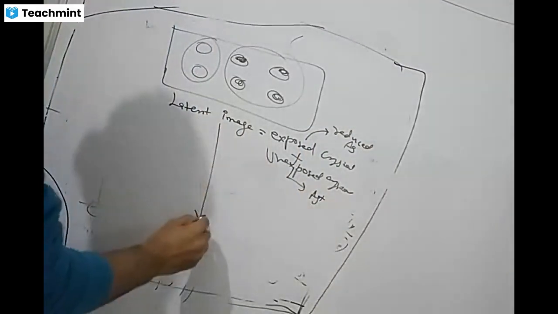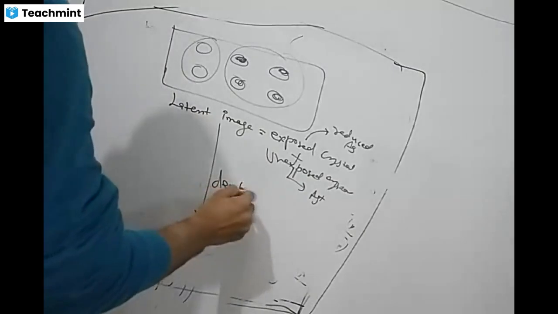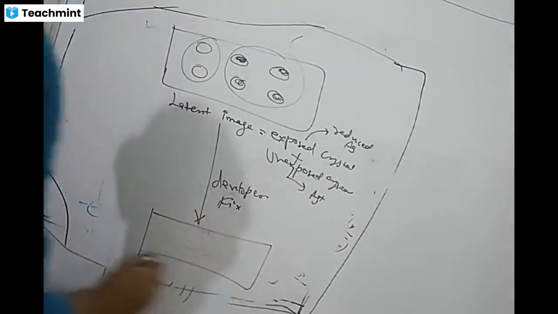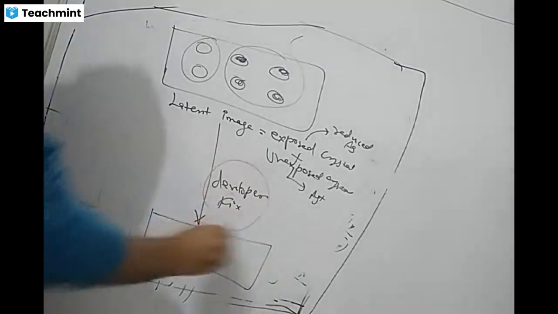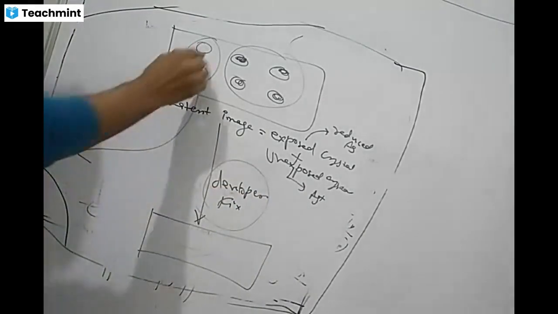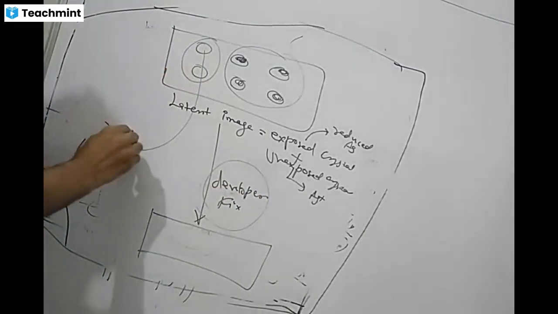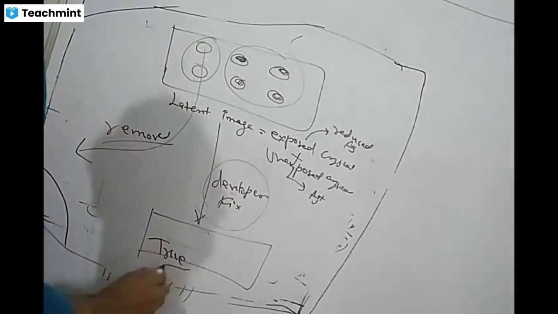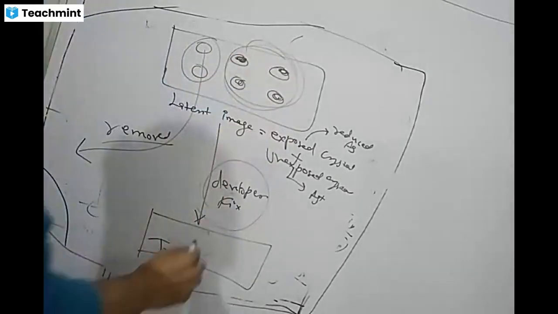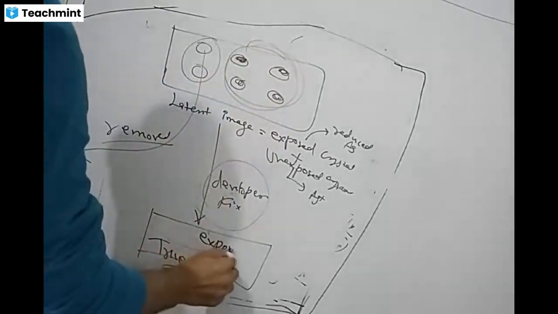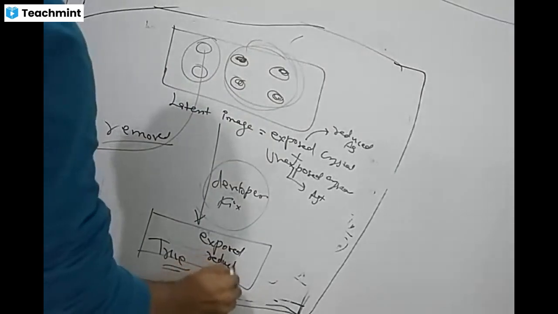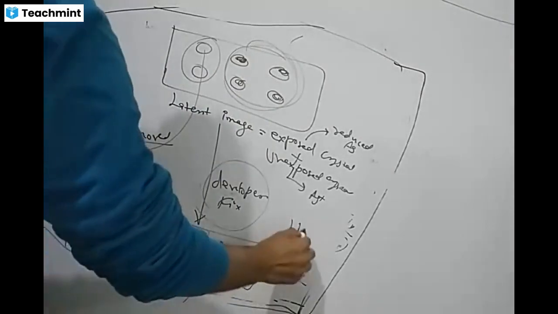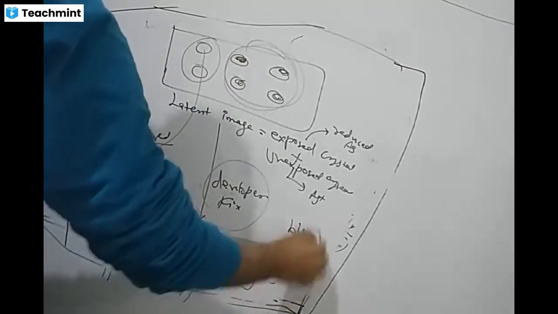But if you pass them through the developer and fixer, and you get the image, in this processing these 2 are removed. So a true image will contain only these exposed, reduced metallic silver, that is the black color image.